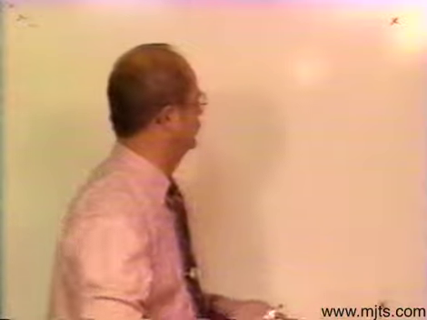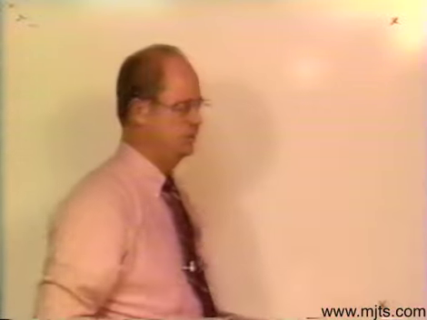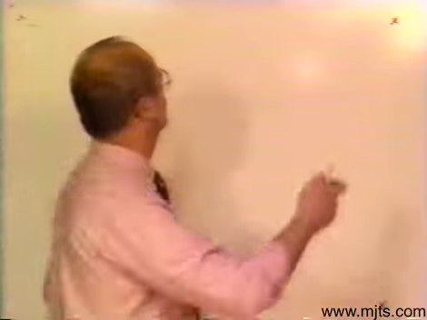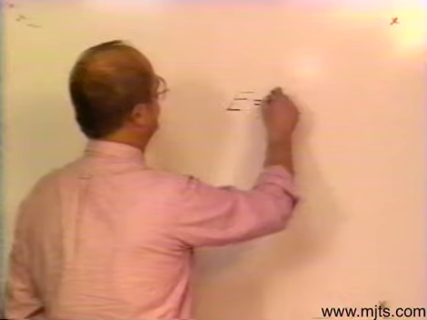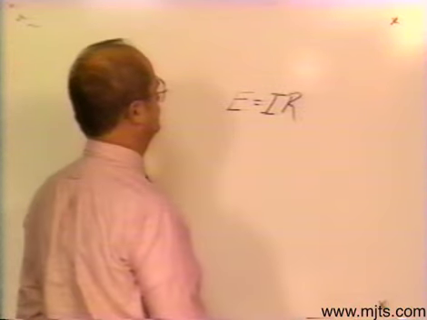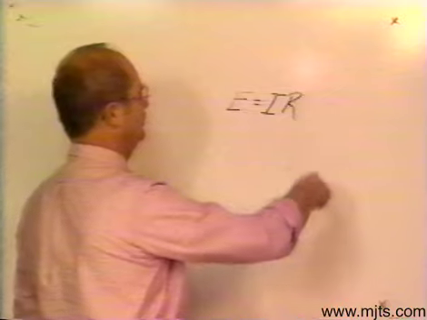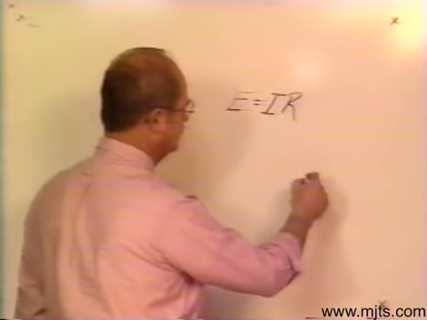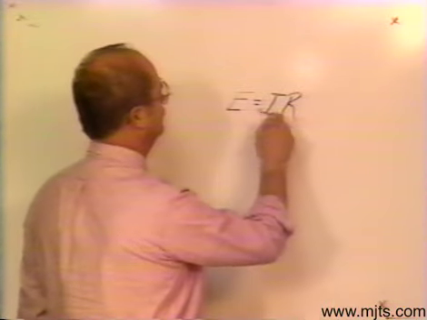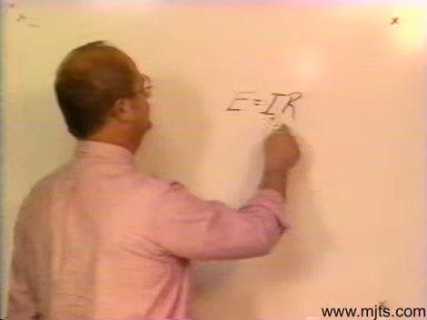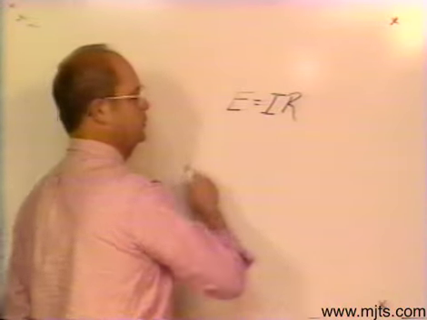In other words, we're going to work with Ohm's law a little bit here, but we know that if I'm looking for the voltage, I'm going to multiply the current times the resistance. All I have to do when I read a word problem is isolate out of there the current and isolate the resistance, plug them in, do what the formula tells me to do, and then I'll have the answer.